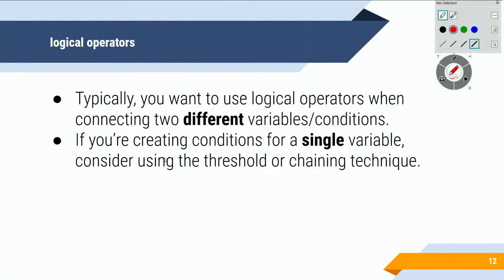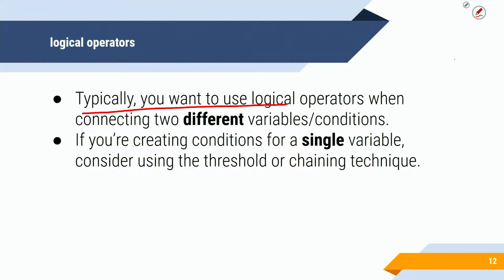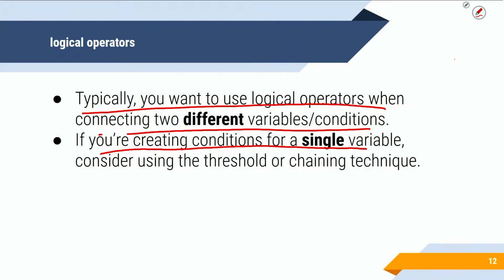Typically you want to use logical operators when connecting two different variables or conditions. If you're just creating conditions with a single variable, you might want to use the threshold or chaining technique that we looked at in a previous lesson.